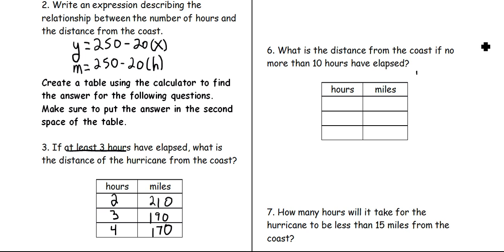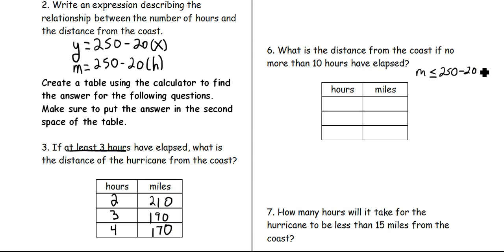So, what is the distance from the coast if no more than 10 hours have elapsed? So our hours, we're going to put it over on the right. So we're going to do m, and no more than, again, is less than or equal to 250 minus 20 times the h.